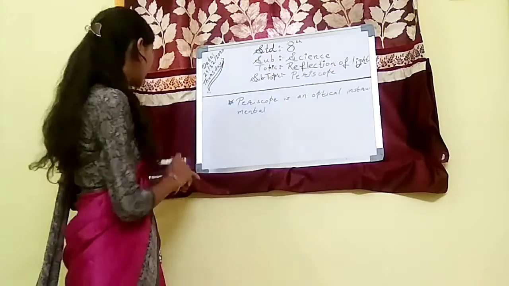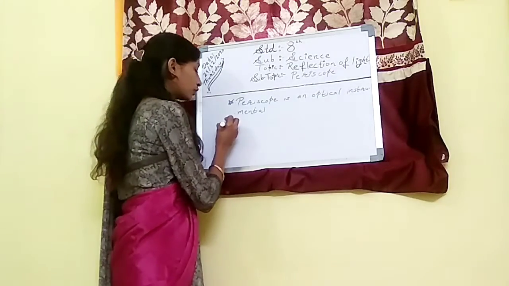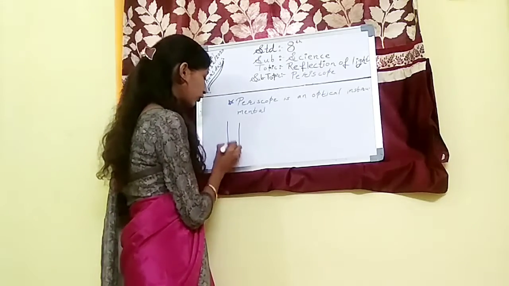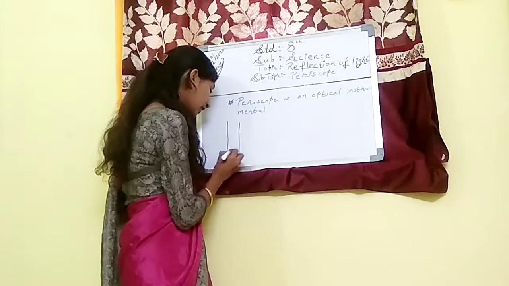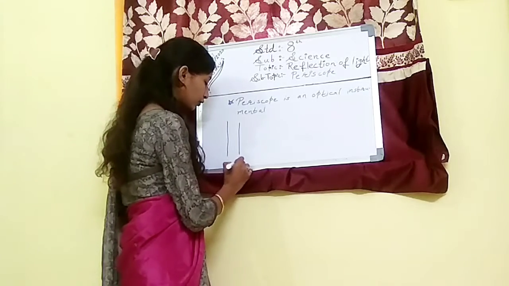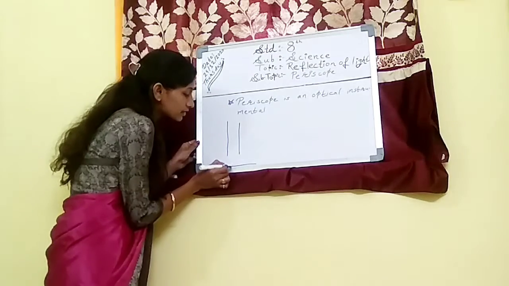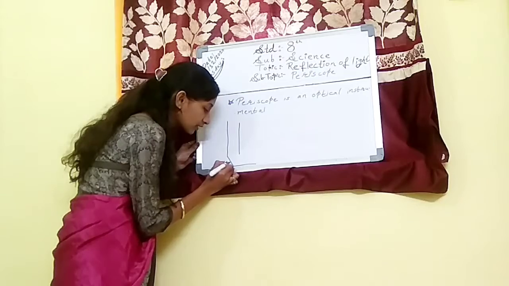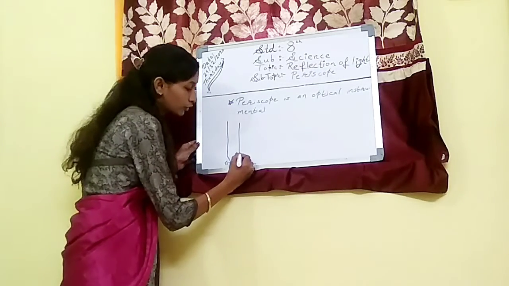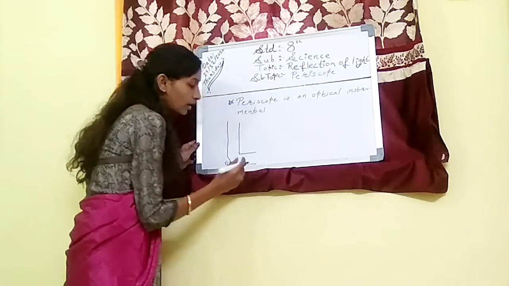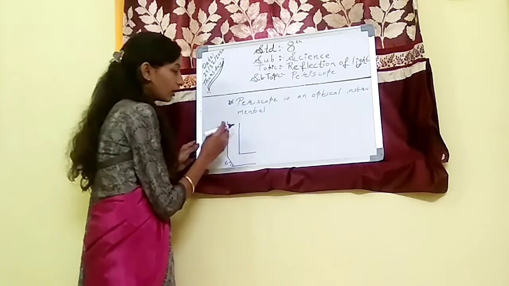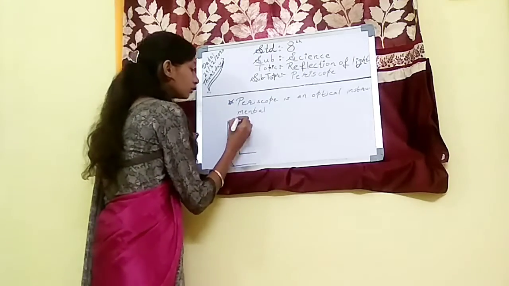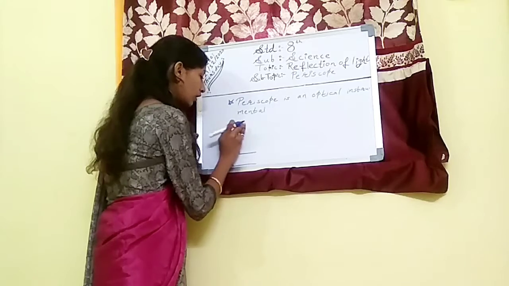Okay. So for that, we have to take a cardboard of this rectangular shape, and thereafter we have to fix a mirror at an angle of 45 degrees with this side of the cardboard. Here also you have to stick a cardboard, and here also we will make it small.